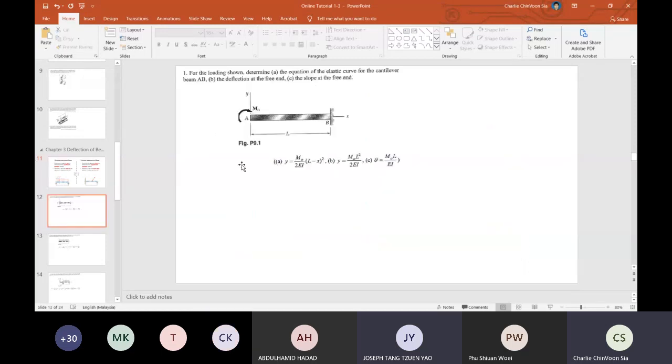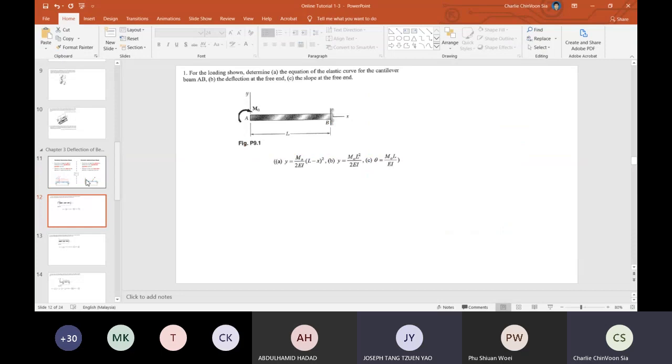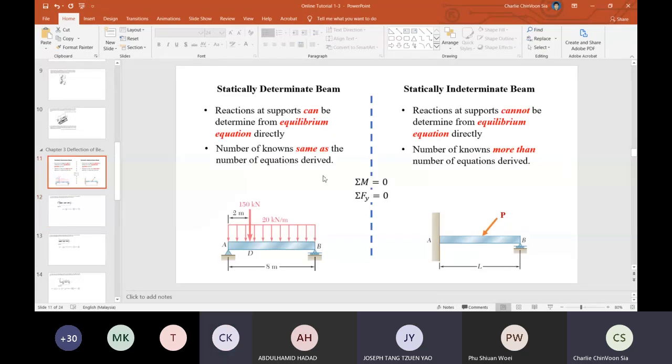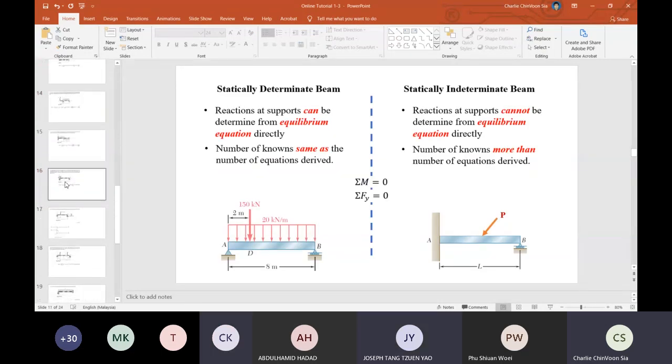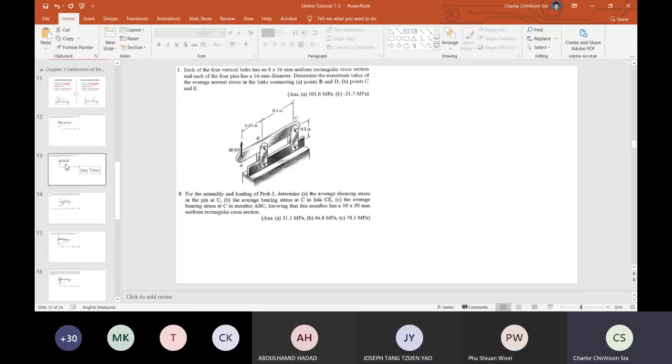Even though you're unable to determine the reactions at the beginning, just proceed with the calculation. After you substitute the boundary conditions into the equation, you will have enough equations to solve for the reactions.